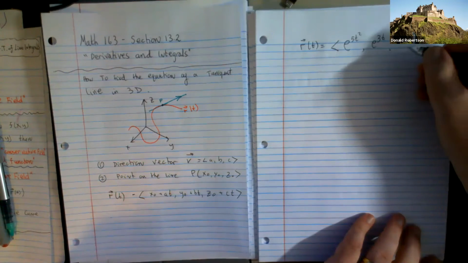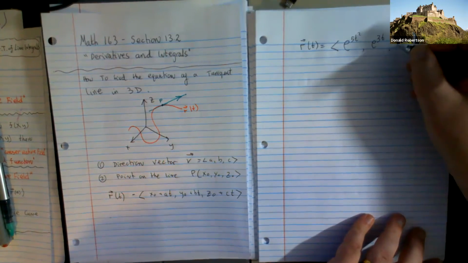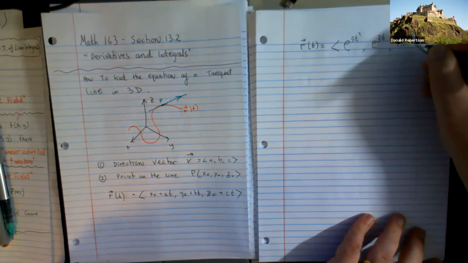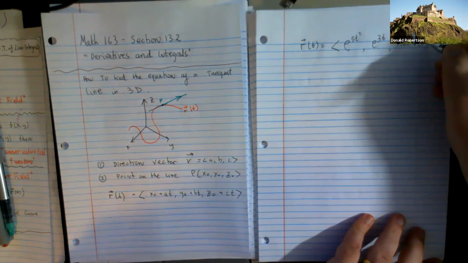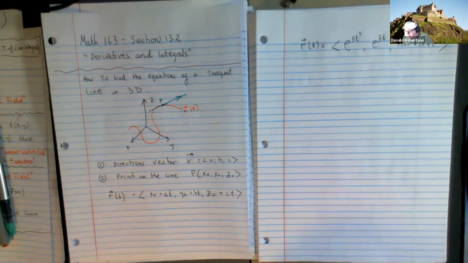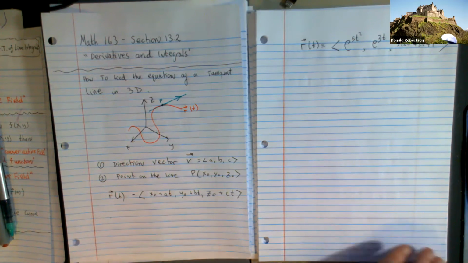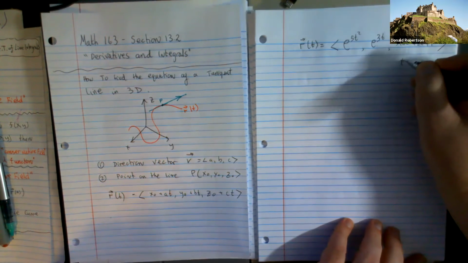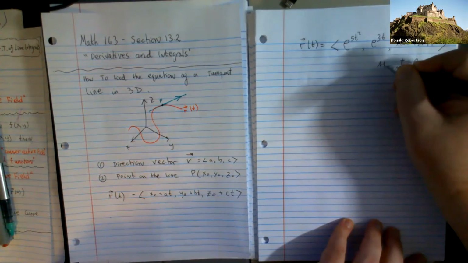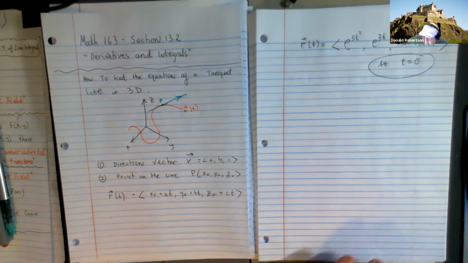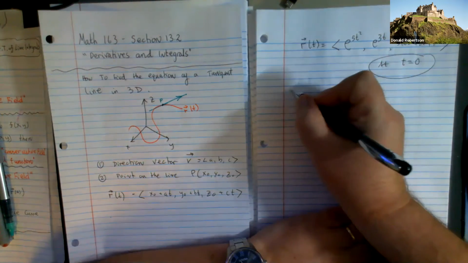So I'm not going to have an e to the something. I'm going to have a sine t plus 2t plus 1. Right, so there's my space curve. And we're being asked to find the equation, like the equation of the thing at t equals 0. I'm picking that because it's easy to calculate. So let's find our point.